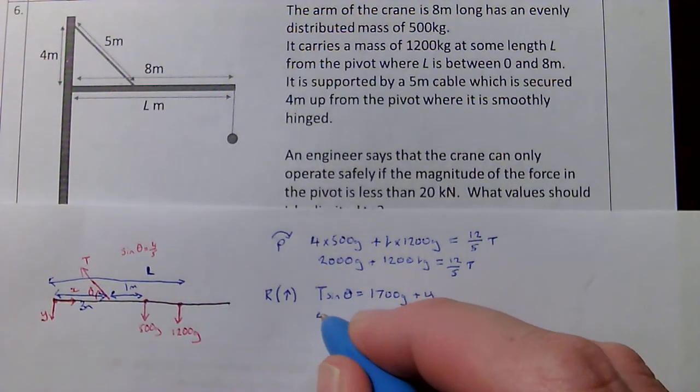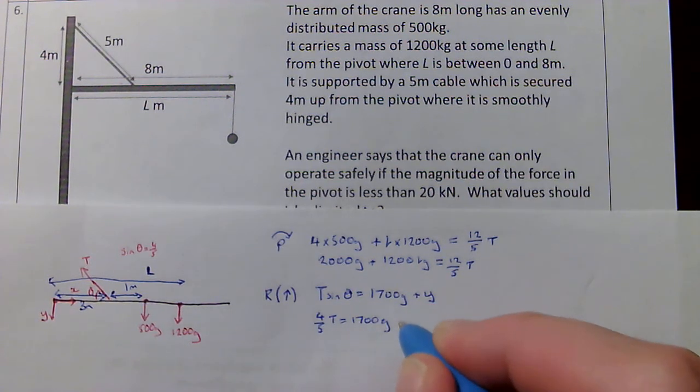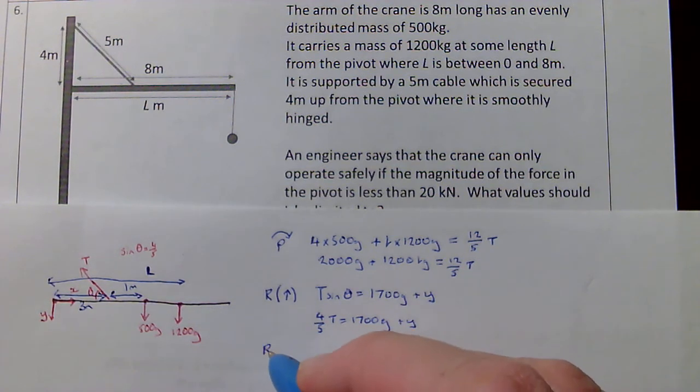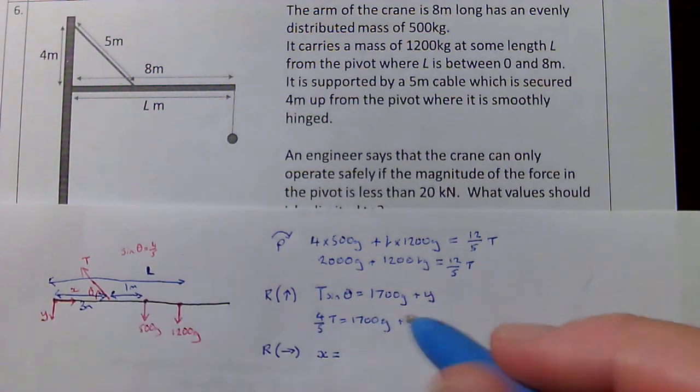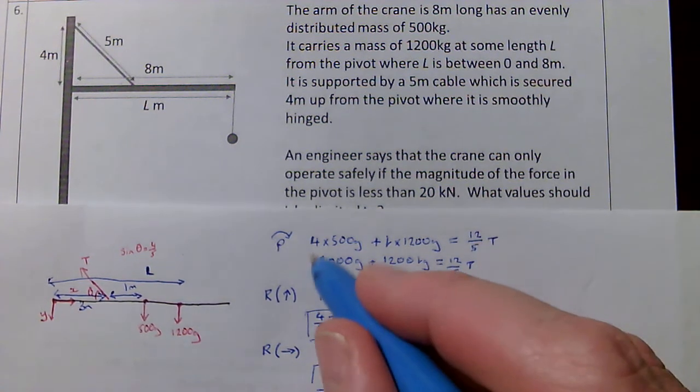So I've got 4/5 of T equals 1700 G plus Y, and resolving horizontally, I've got X equals T cos theta, and cos theta is 3/5, so X equals 3/5 of T. 1, 2, 3 equations to use.